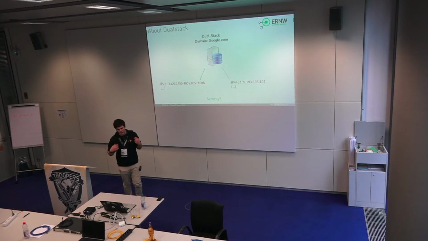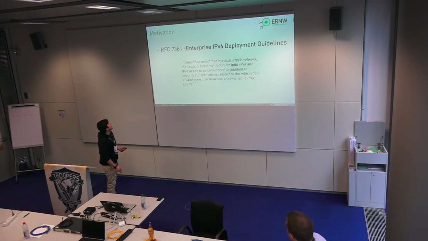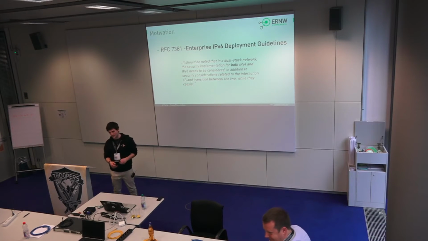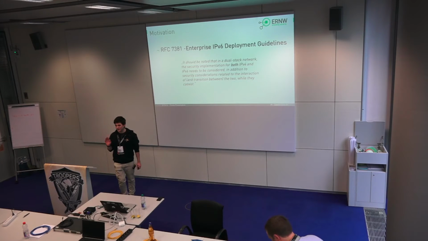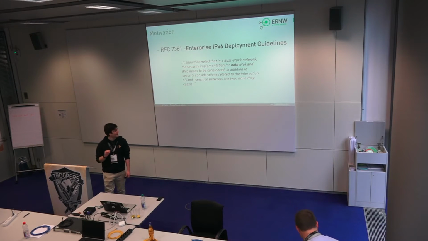If you search for security in terms of dual stack, you won't find many things. The one thing I found was the following RFC. RFC 7381, the Enterprise IPv6 Deployment Guidelines, which I highly recommend to read. Actually, really, really good.